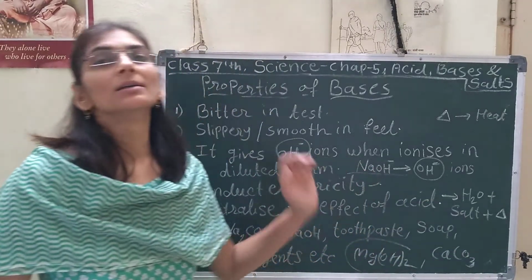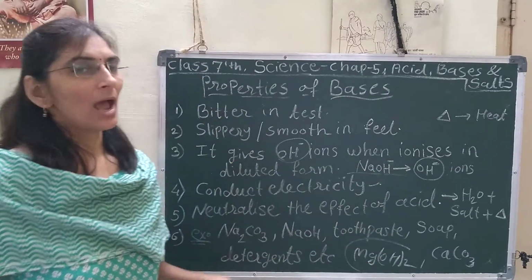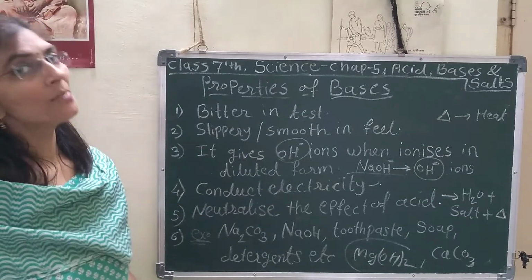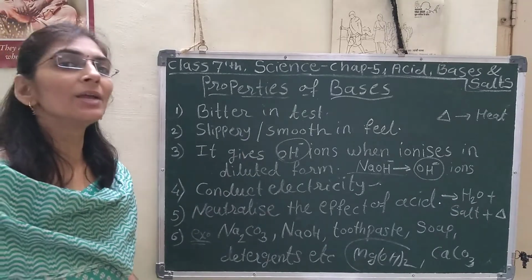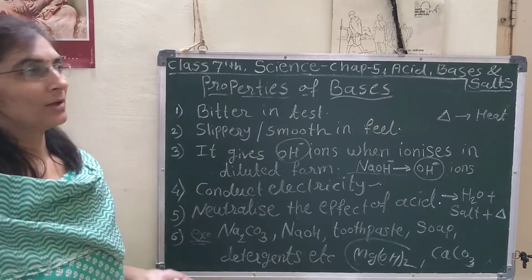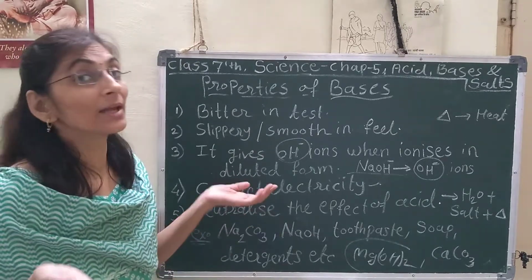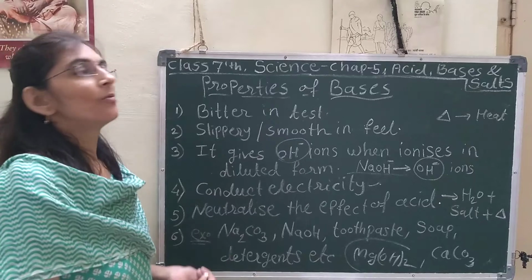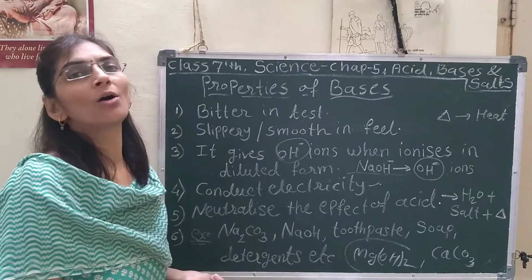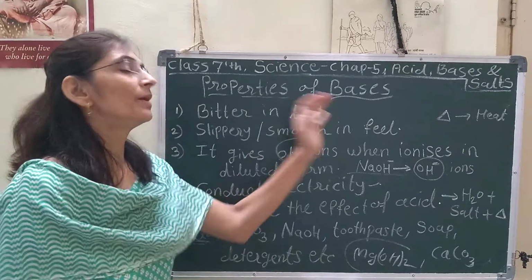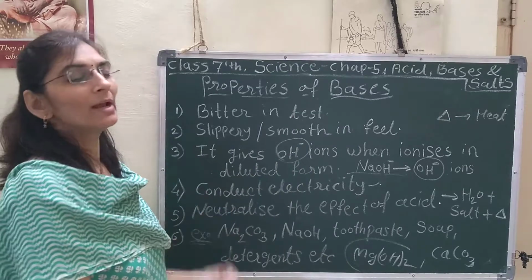Calcium carbonate, lime water, and these are some examples of bases. These are very useful in our daily life. Next we will see how we can identify the base, means what are the effects of indicators with bases, that also we will discuss.